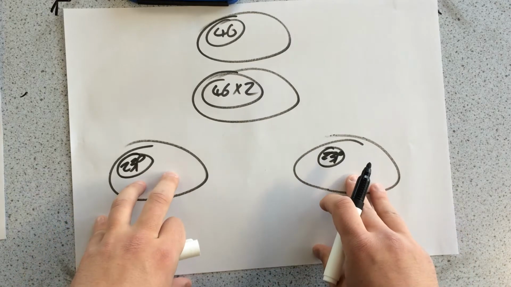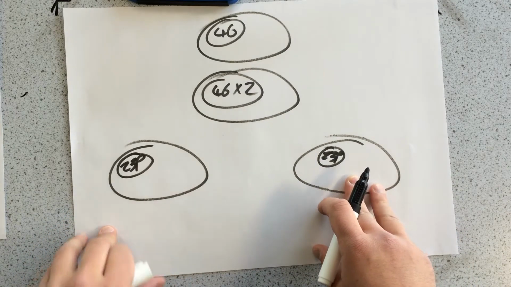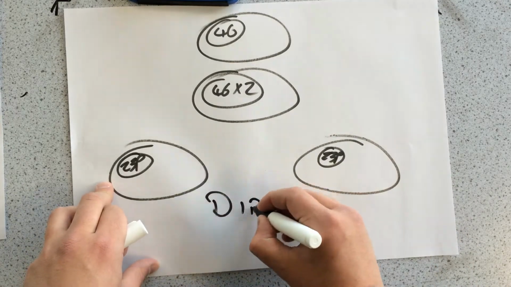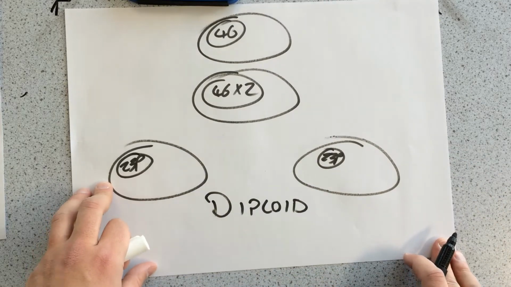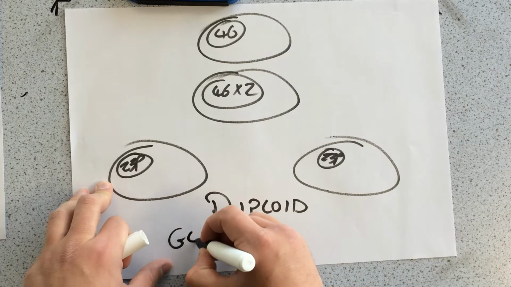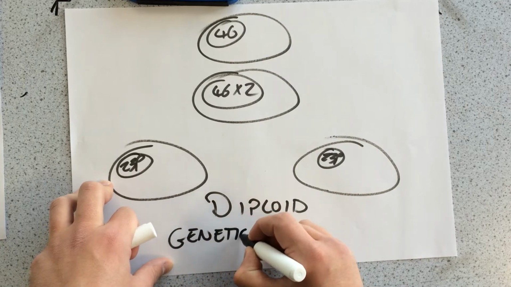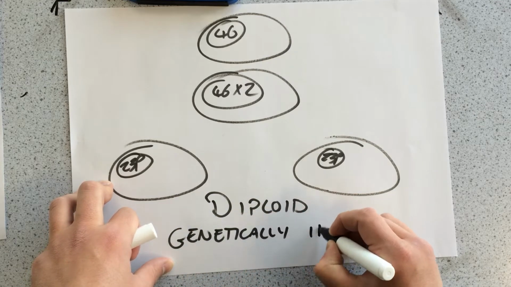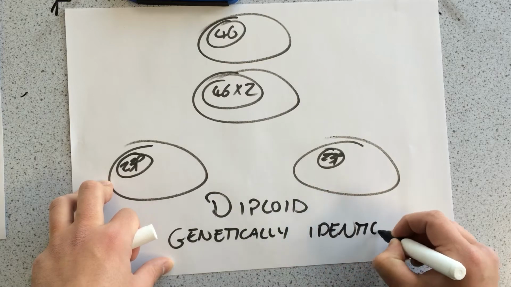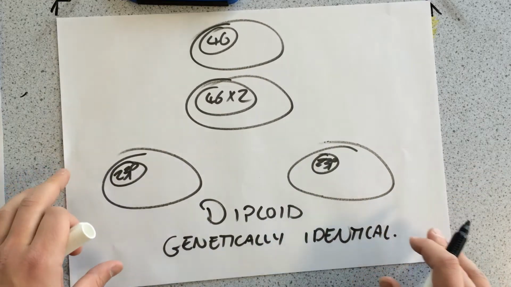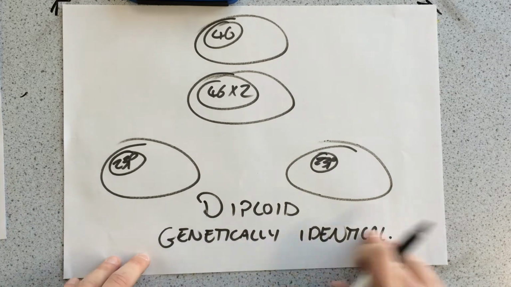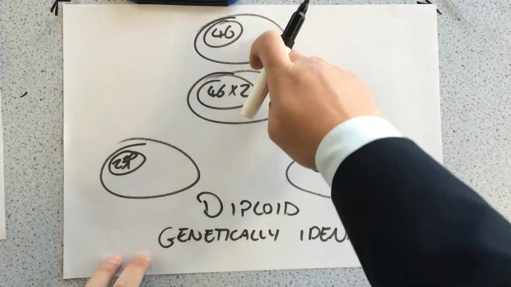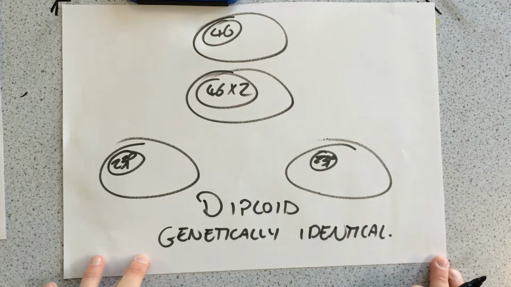If I've got 23 pairs of chromosomes, then I can call them diploid, because it's the same amount of DNA as I had at the start of my cellular division. They are also genetically identical. Which is useful, because if you want to make more skin for your nose if you've had a graze, or if you want to grow some bone, if they're genetically identical, then they're going to do the exact same thing that my original cell did.